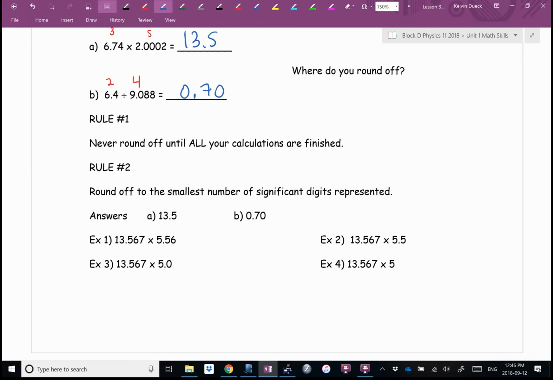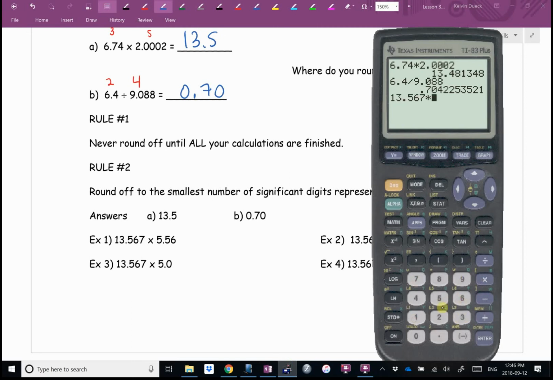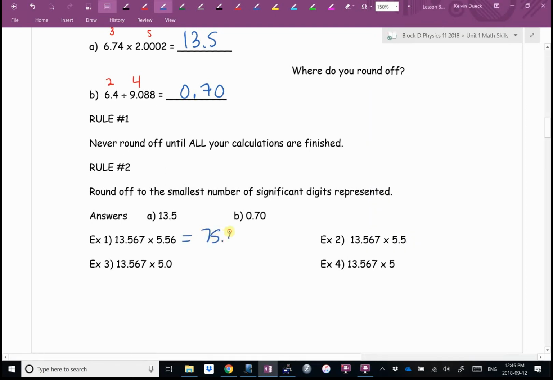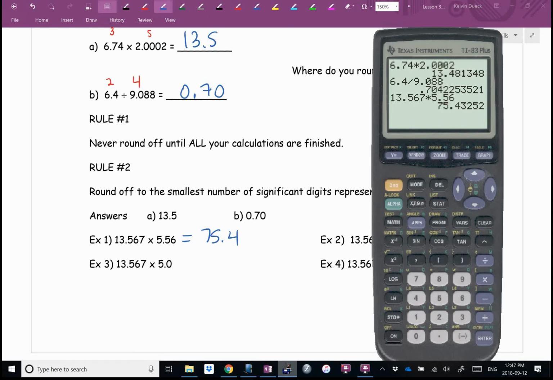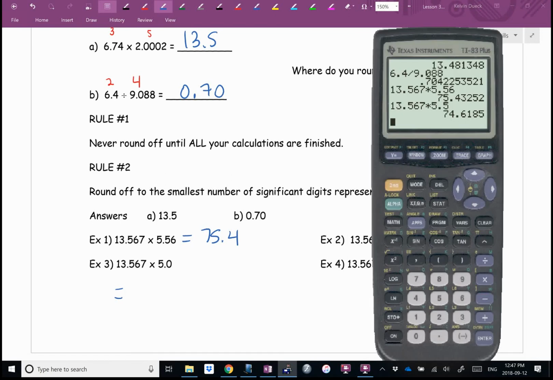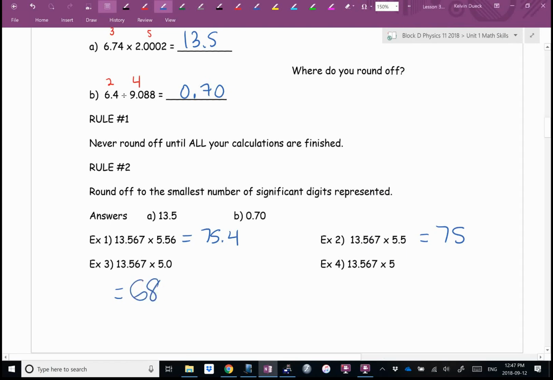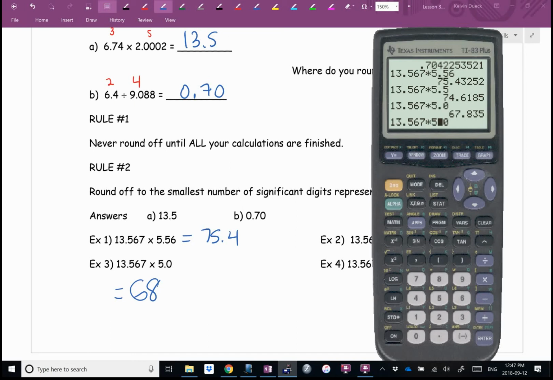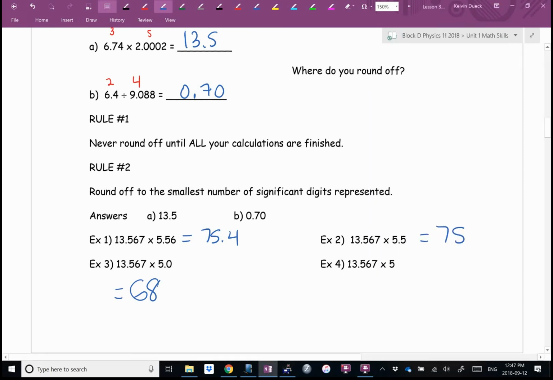So try these really quickly on your own. I've done the first 3. You can look up and see if you're doing them right.